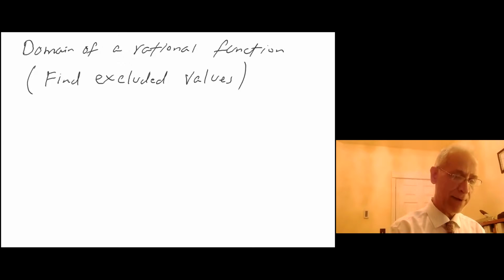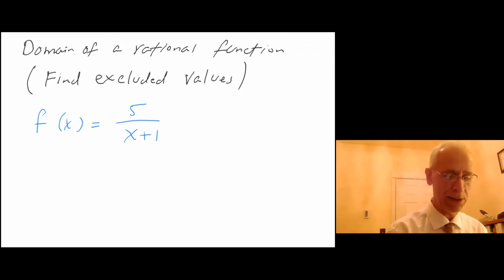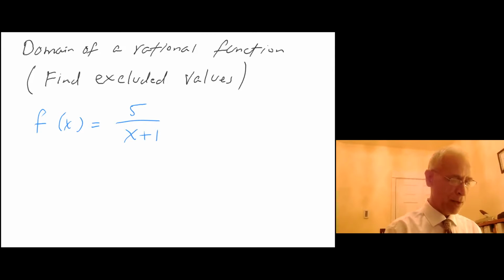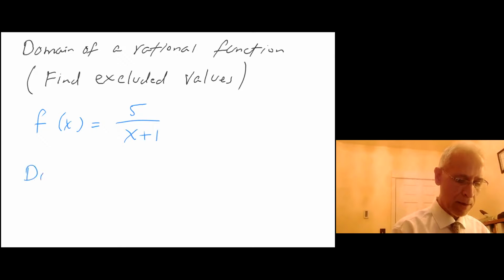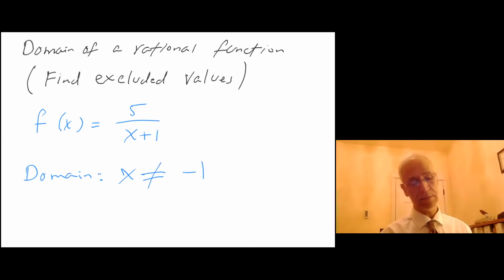Suppose we have f of x equal, say, 5 over x plus 1. Well, we know when x is -1, 5 divided by 0 is undefined, because when x is -1, the denominator will be 0. So we are going to just go ahead and say that the domain is the excluded value. X cannot equal -1.